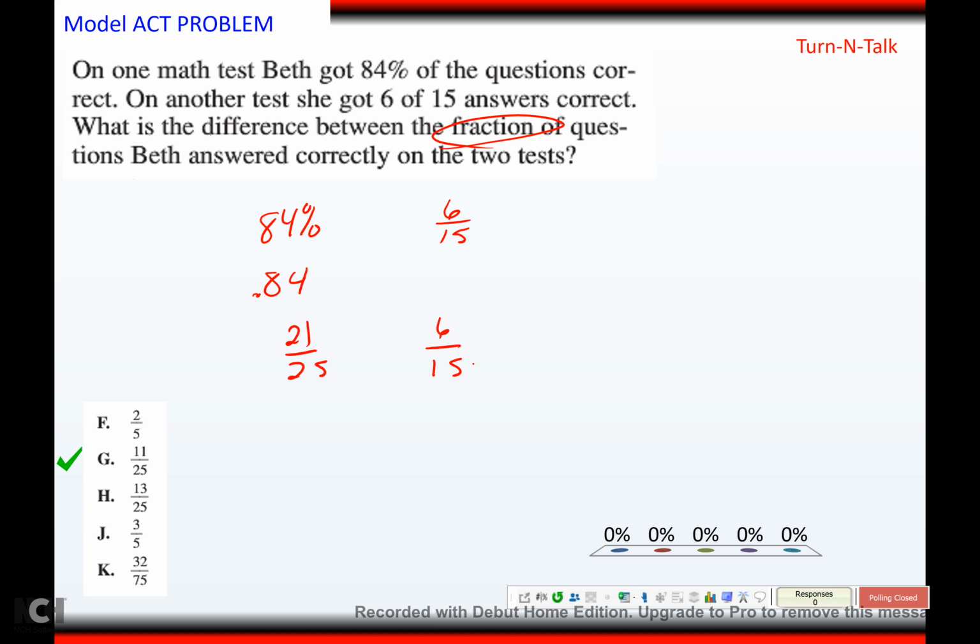Then on my calculator, I can do 21 divided by 25 minus 6 divided by 15, and I get 0.44. Math, Enter it, and you get 11/25. Okay?